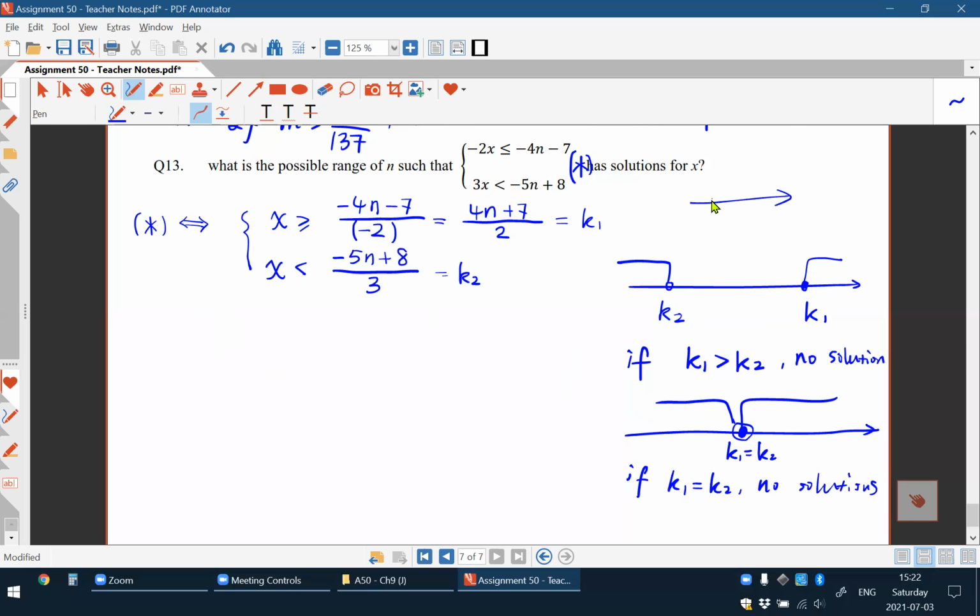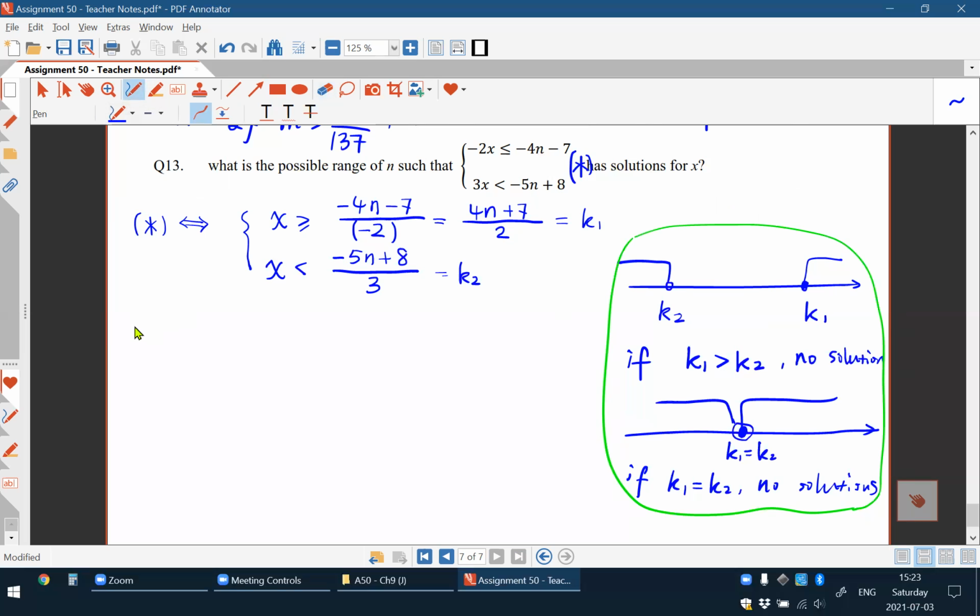Otherwise, if K1 is here and K2 is here, x is greater than or equal to K1 and smaller than K2. This is the overlapped area. There is a solution in this situation, right? Okay, so this is our reasoning process. You don't have to include it in your worksheet, okay? You can draw this on your scratch paper.